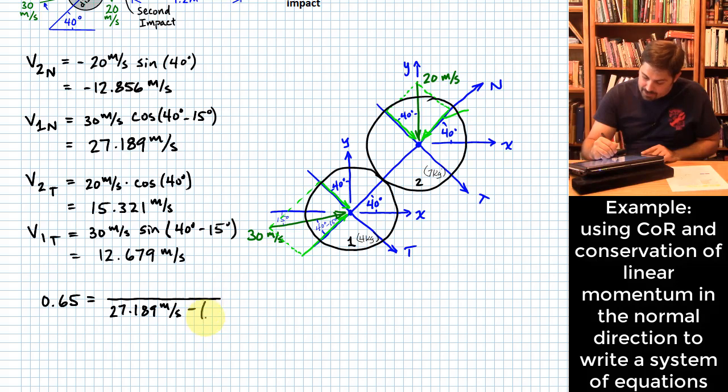And this is where we've got to be careful. We subtract to get the difference, but the actual value is negative because it's going backwards along that normal direction. So we put in a negative 12.856 meters per second.